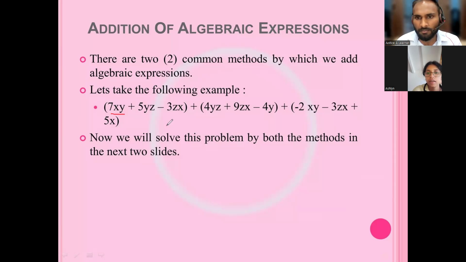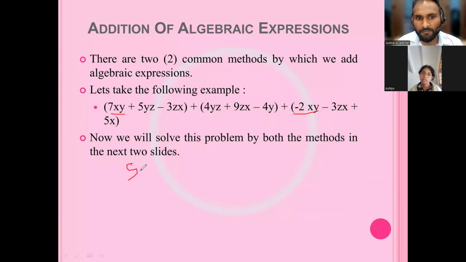7xy, and then negative 2xy. So what will be the answer for this basically? 5xy.